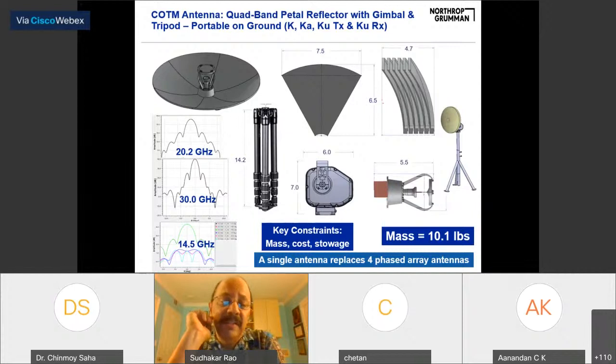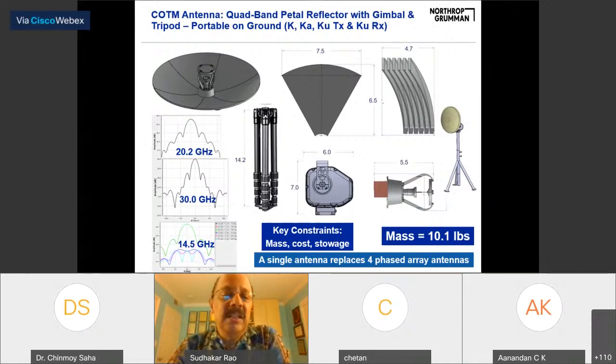So there are actually 4 frequency bands. Initially we looked into phased arrays, which was the initial approach. Then it requires 4 phased arrays because it's narrowband, and then it's very expensive. Each one costs about $3 million and weighs heavy, with dissipation, because the soldier has to carry it.